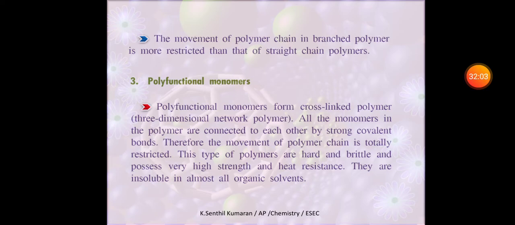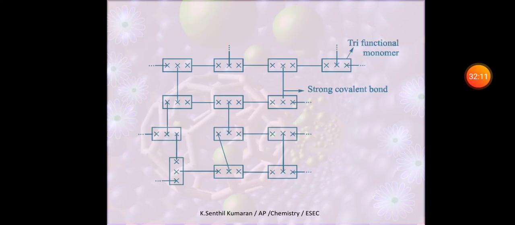So what is the structure of the polyfunctional monomer? We will see the next slide. It is the complicated structure of polyfunctional monomers, in which all the monomers are connected with strong covalent bonds.